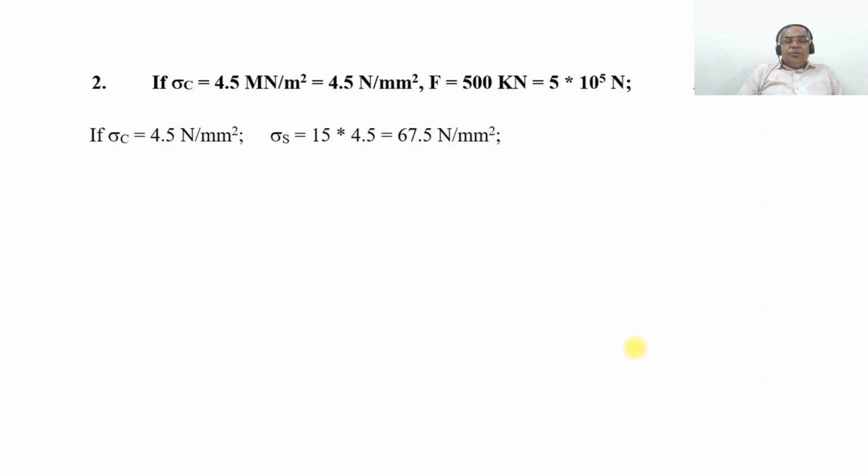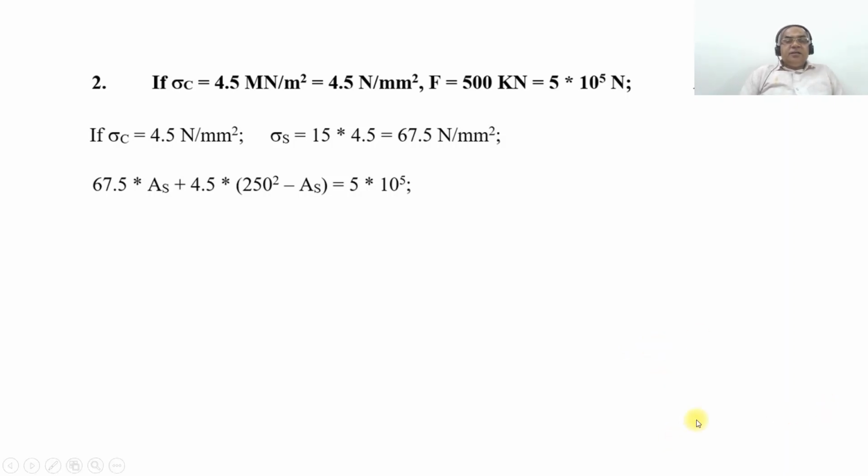On simplification, you will get 67.5 Newton per mm square. Now you substitute that: sigma S is 67.5 into AS, plus 4.5 into 250 square minus AS, because AS is the area I wanted to know, which will be equal to 5 into 10 to the power of 5.